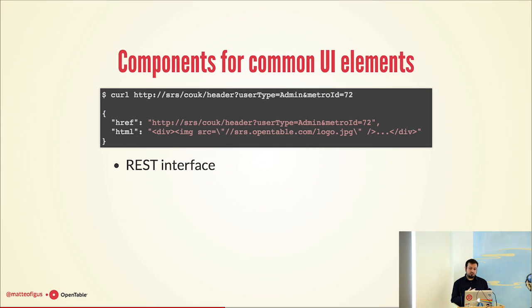So to solve this, we built a little MVP in support of this approach, which was to build a REST service, a REST API that was able to serve the UI elements. The idea was to have a little REST interface that was able to serve HTML as an output, something like an API for HTML snippets.